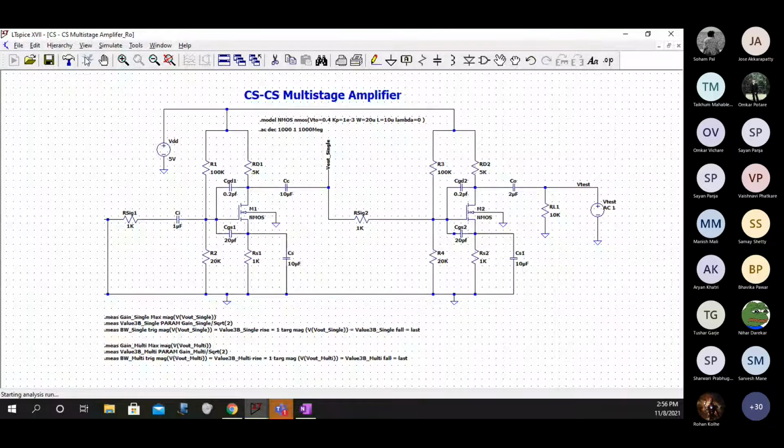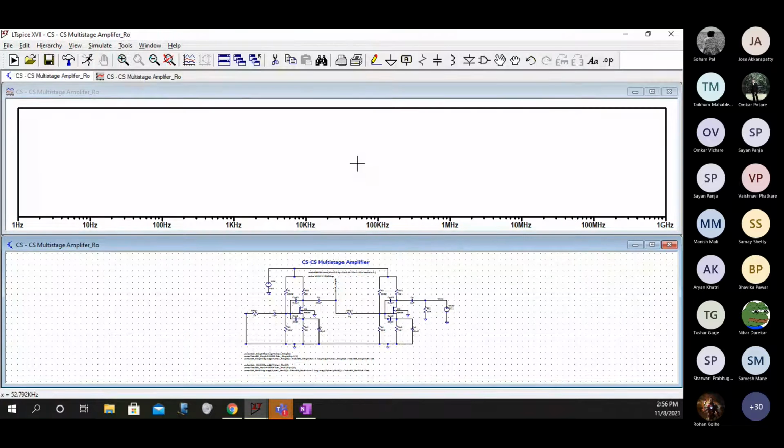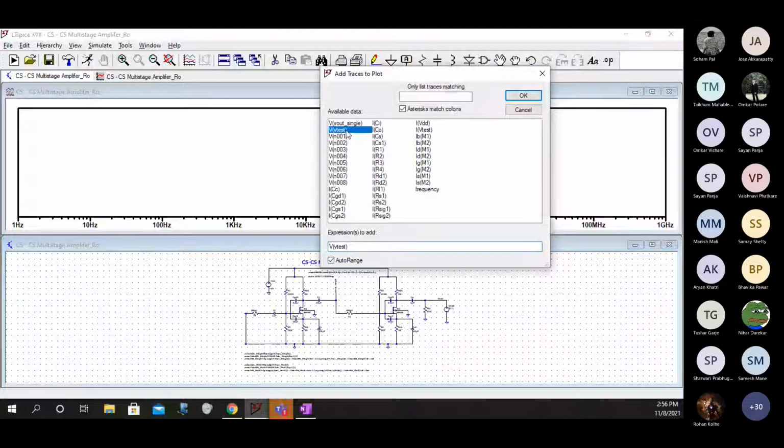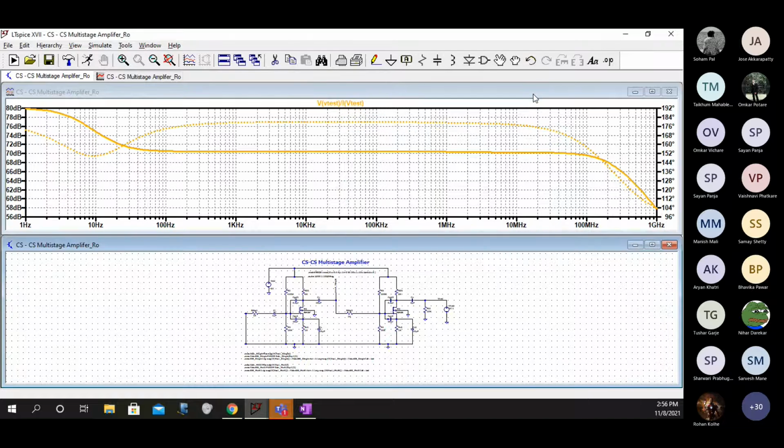Simulate the same way. And now here you can add a trace and again Vtest divided by Itest, which is now connected on the output side. So this is the plot.